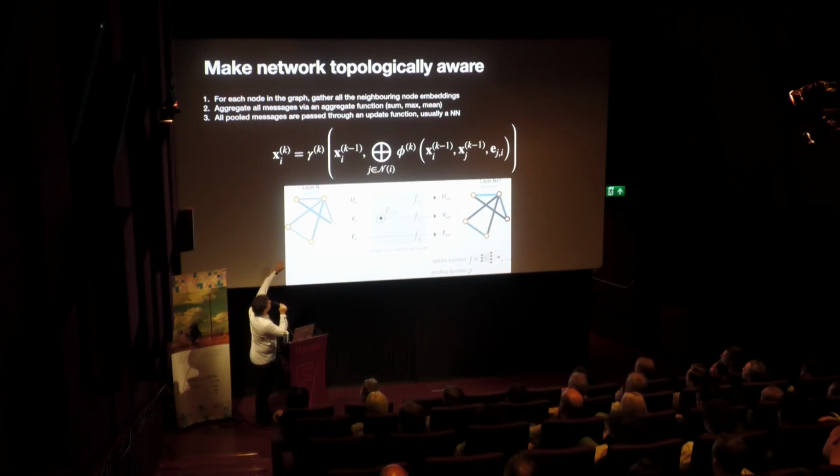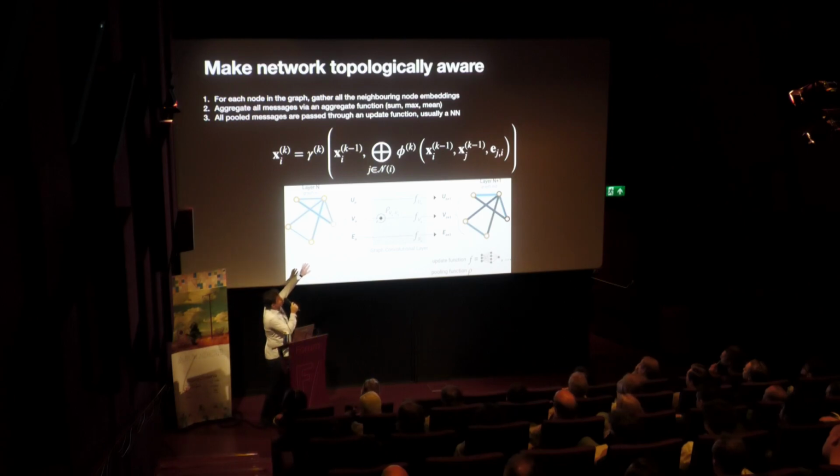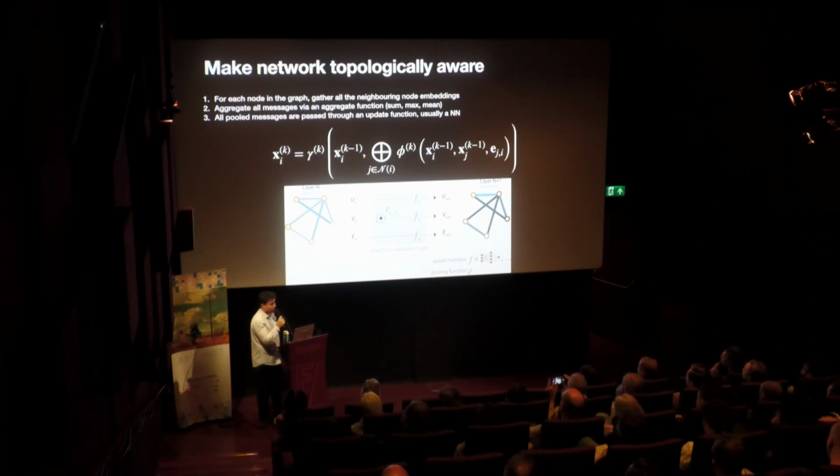Then we have our gamma k, which is an update function, which takes as parameters the node embeddings from the previous layer, where k is the new one. We loop over all the neighbors, and the big cross is the aggregation symbol, so that's a sum, max, or a mean operation, for example. And then a multi-layer perceptron or another neural net takes in the node embeddings from itself, the neighbor, and, if applicable, the edge between those. So in essence, not that hard.